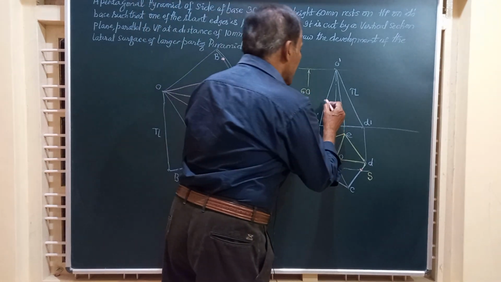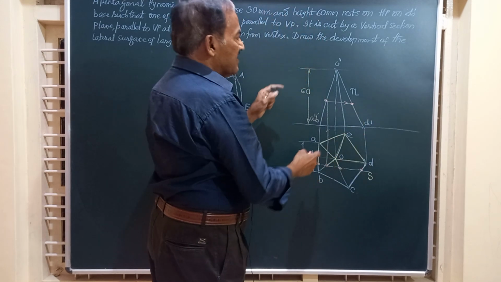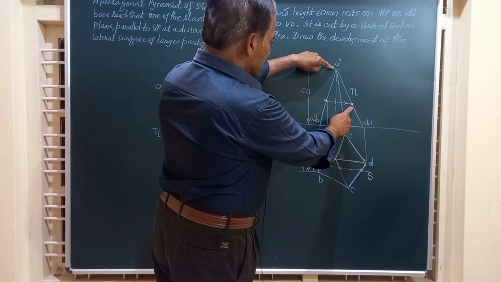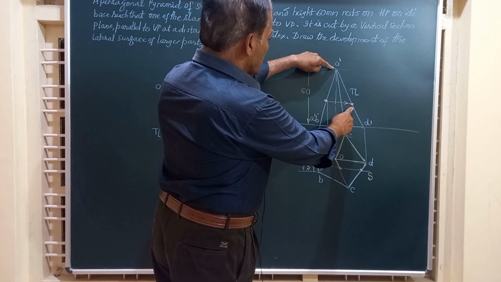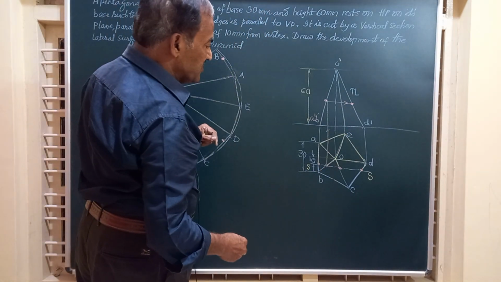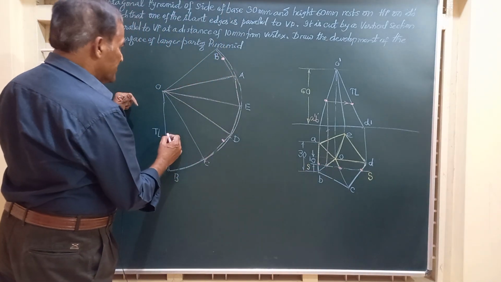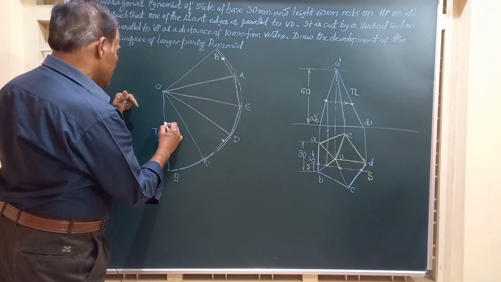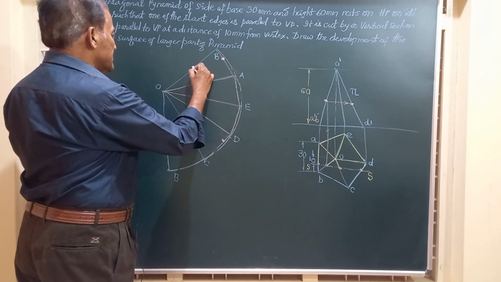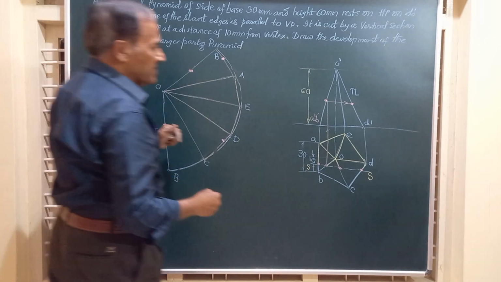Hence, this point has to be shifted to the true length line and that distance marked on O dash, B dash from the vertex. So O dash, B dash, OB is here. Another point on OB here at the same distance. So we have to mark these 2 points on OB.